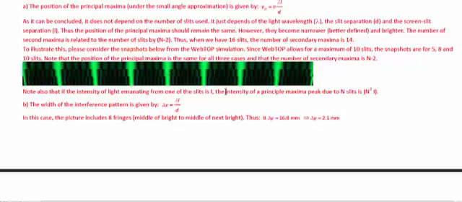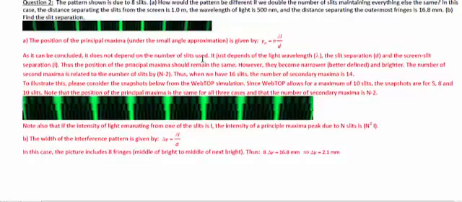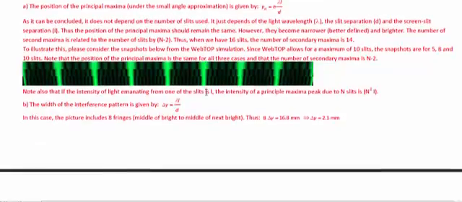Now, this one here is for 10 slits, not really the double that we are asked for in the question, but it's for 10 slits. We see here 1, 2, 3, 4, 5, 6, 7, 8. Notice how as we increase the number of slits, that principal maximum gets thinner and thinner.